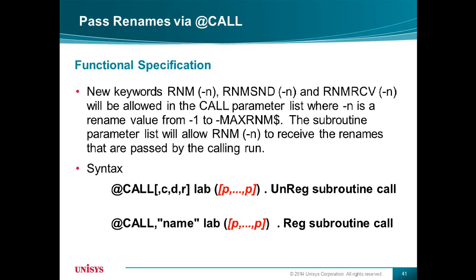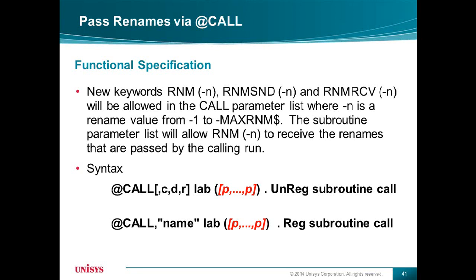What RNM send does is, I'll give an inference, we'll send a report as -5, and that can be received as the -10 report in the callee. Once we make changes to the -10 report in the callee and then return back, there will be no change in the -5 report that was sent from the caller. So RNM send just does a call by value, as RNM does a call by reference.